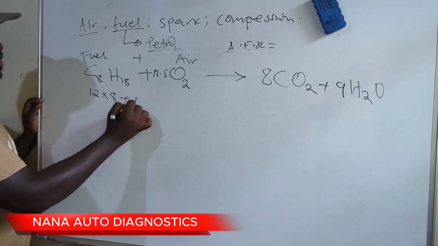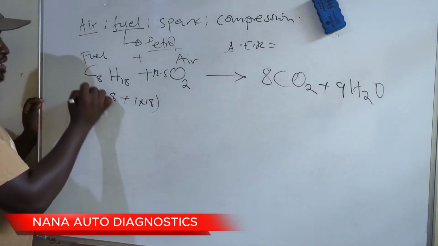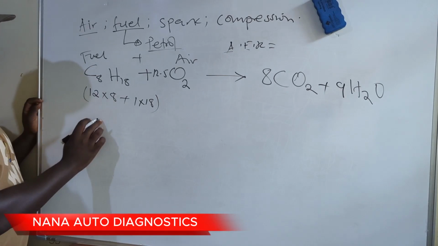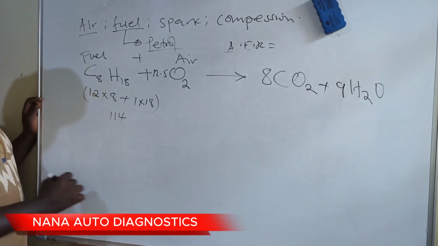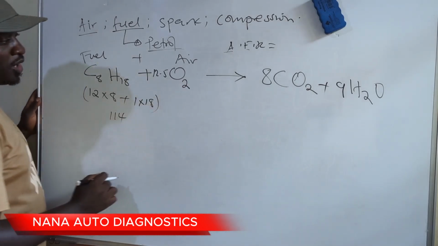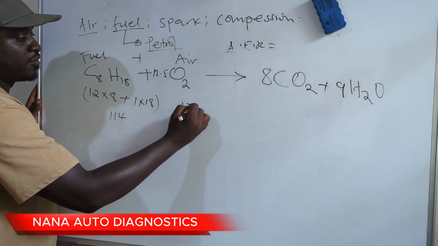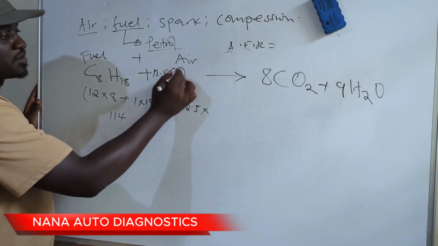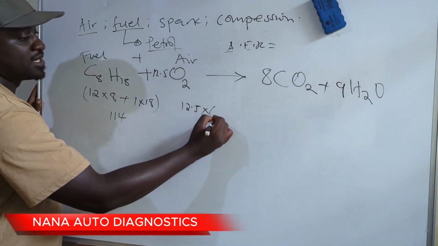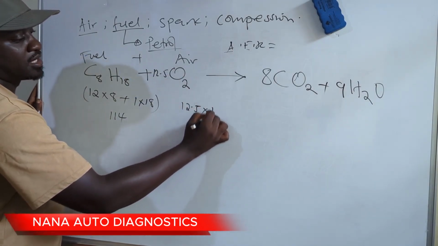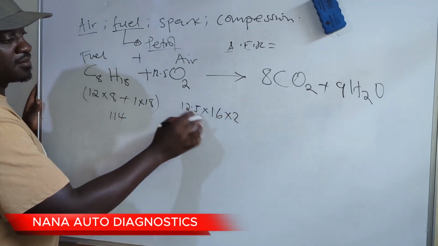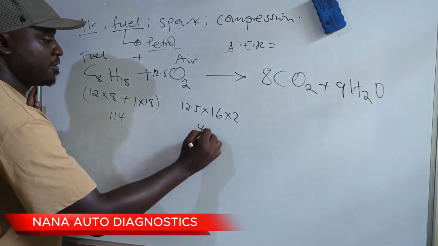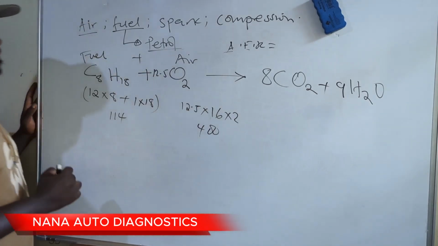That of hydrogen is 1, and there are 18 of them. So this is 96 plus 18, which is 114. When it comes to the oxygen, we have 12.5 times oxygen. The mass is 16, and there are 2 of them. So this is 25 times 16, which is 400.